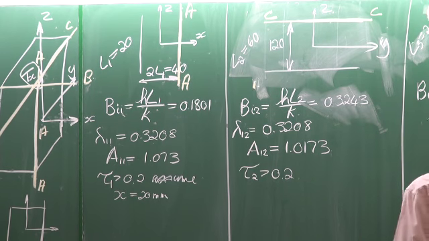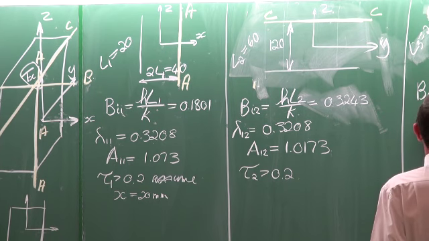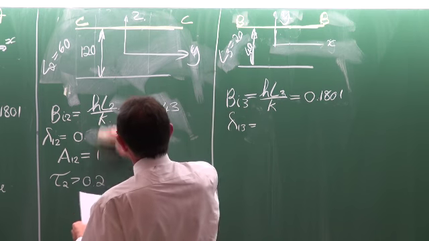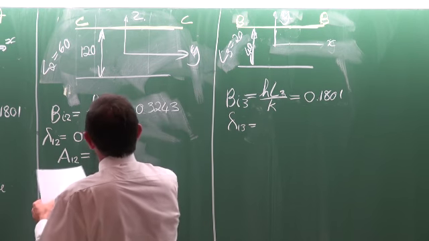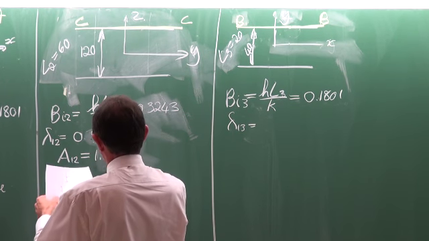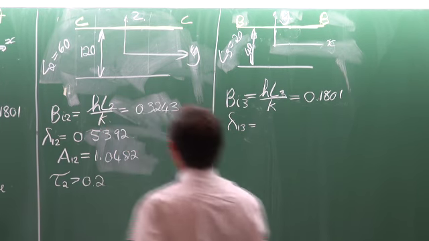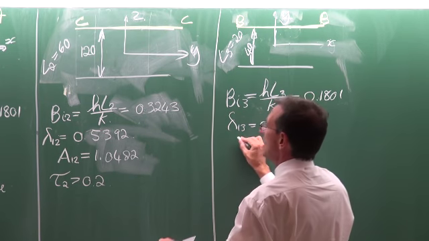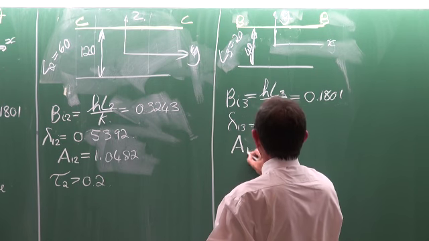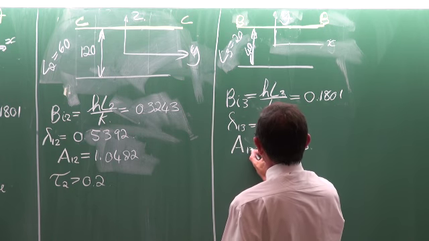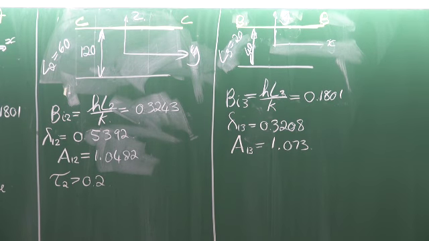Now with this one, lambda is, sorry, I've made a mistake here. Let me just correct that. So that would be 0.5392 and 1.0482, and that would be the same, 0.3208, and A1, which would be equal to 1.073, and this is the third A1.